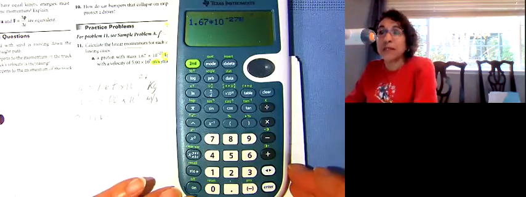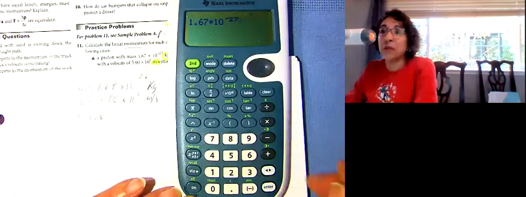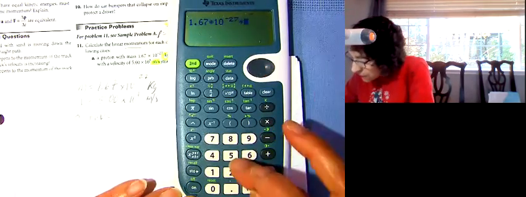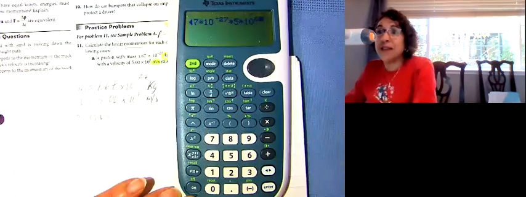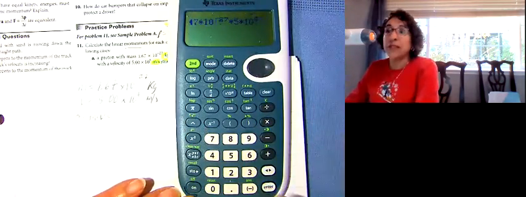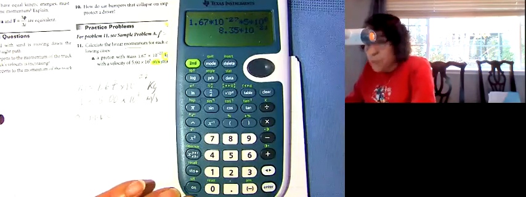Now, to be able to multiply something else, notice how the cursor's up at the exponent. I have to hit this button to bring it back down. Then times 5 times 10, again the caret, 6. Now I just hit enter, and there's my answer.